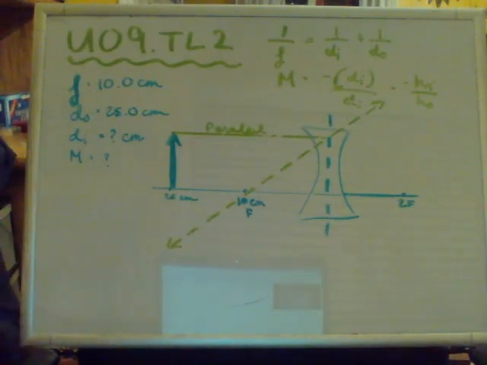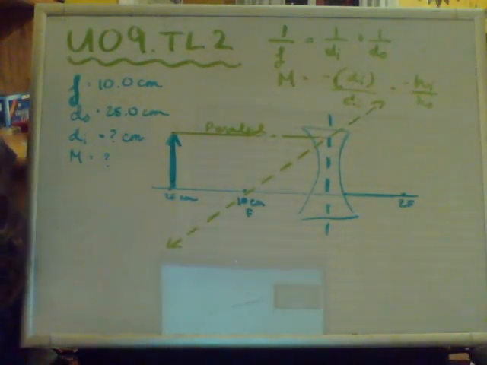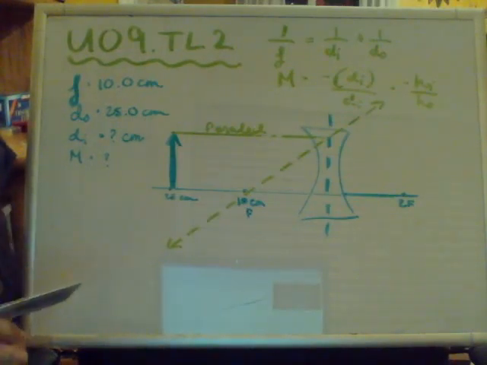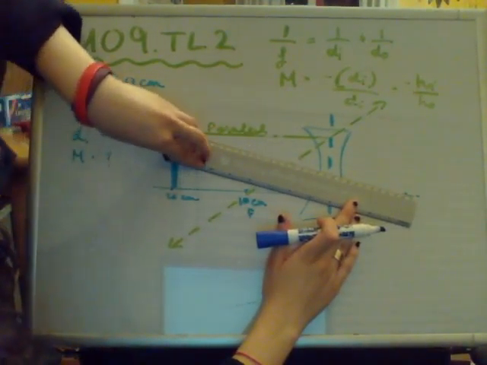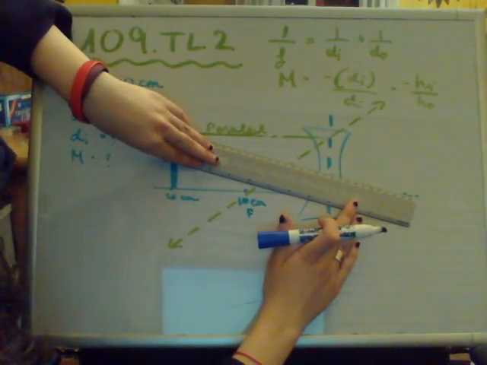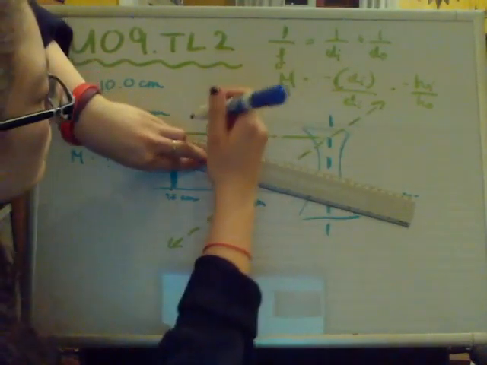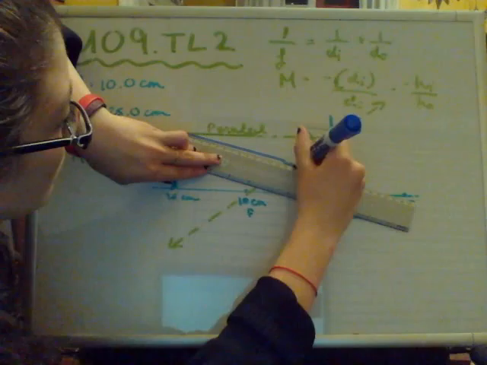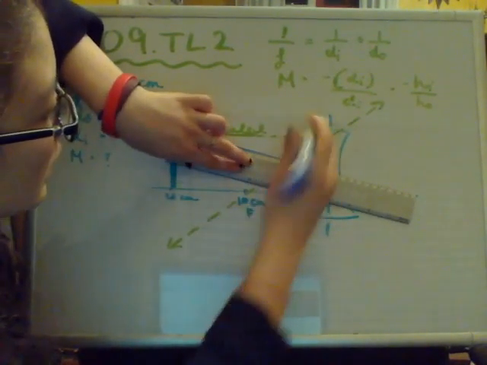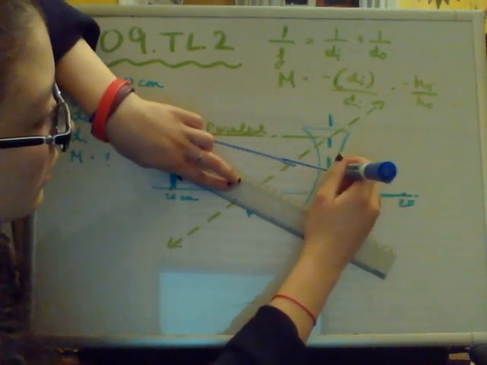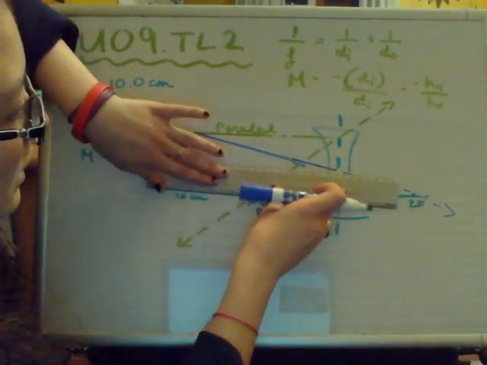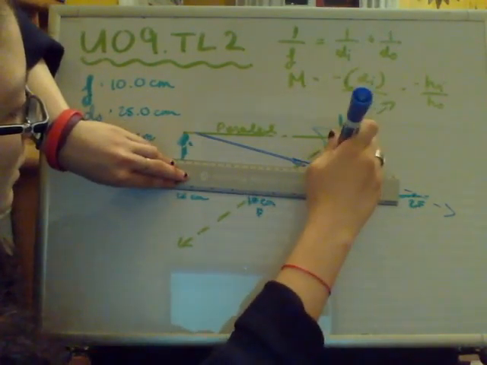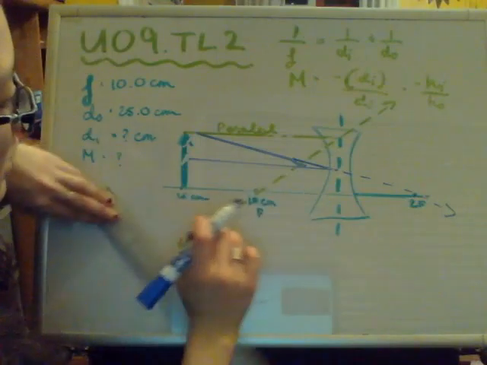And then you're going to have a focal ray, which is going to be a little different, and it's going to go to 2f, and that's not very even, and then it's going to come out this way, so it's going to come out parallel to the parallel, right?